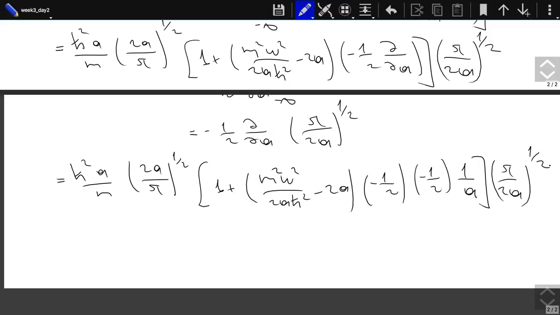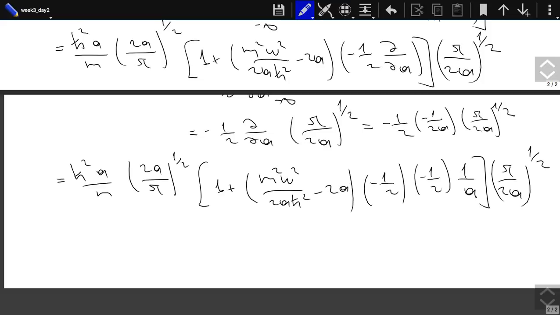You see, this is a. This is equal to minus 1 over 2 times minus 1 over 2a times pi over 2a raised to the power 1/2. That's basically what I'm using.